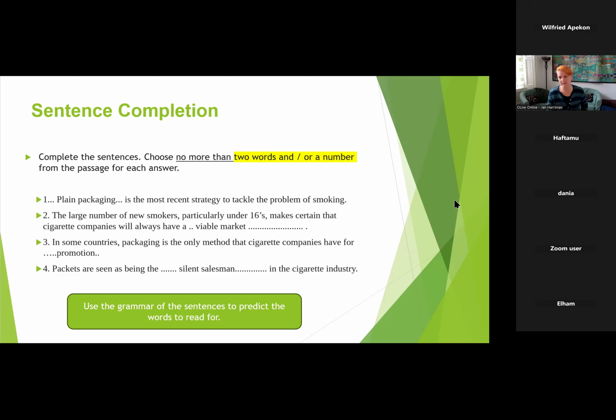So what are the options? It could be 1 word. It could be 2 words. It could be 2 words and a number. It could be 1 word and a number. Could it be 3 words? No. Could it be a word and 2 numbers?